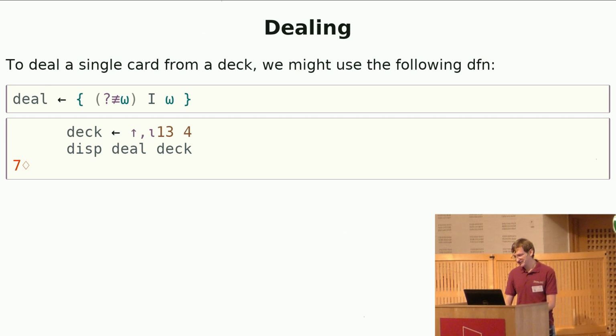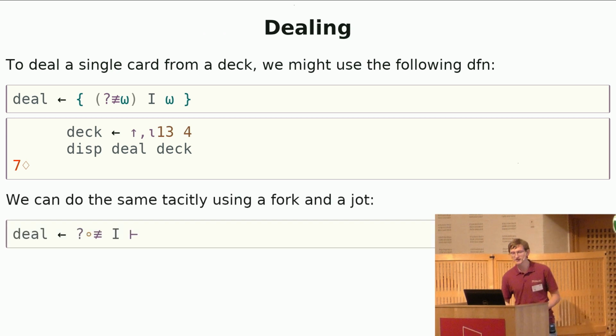I can make this into a tacit function using a train. Now, I'm not going to necessarily have enough time to teach you how to use trains completely, but I hope I'll at least be able to explain how trains work, what the main idea is. But I can rewrite this as a train with a few modifications. First, I bind the roll function to the tally function using a jot.